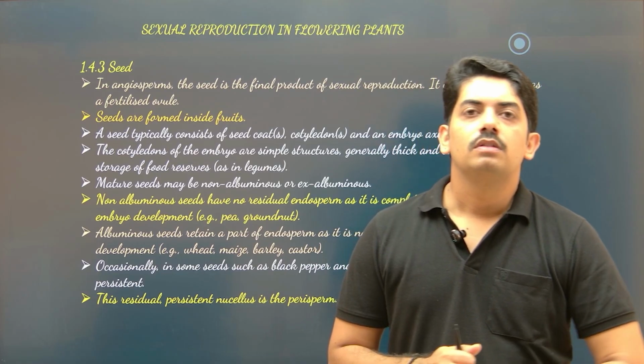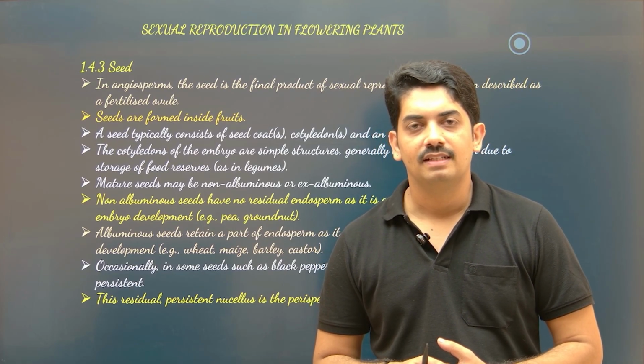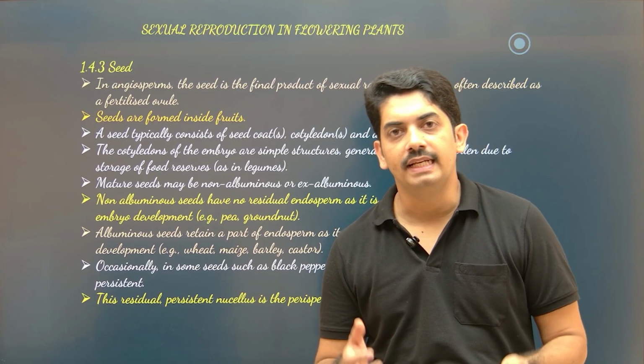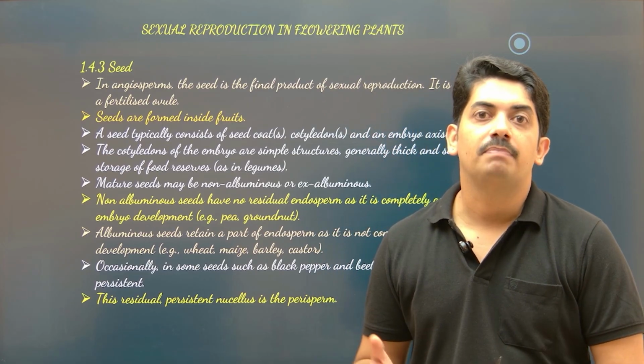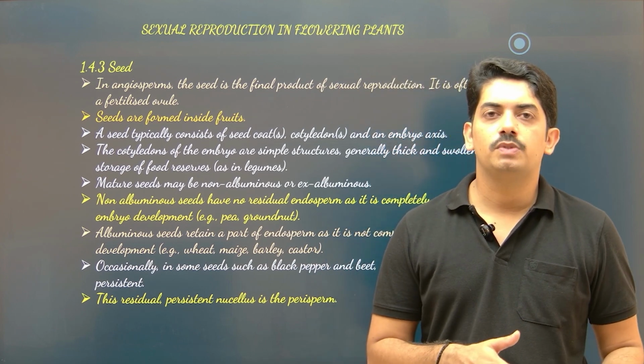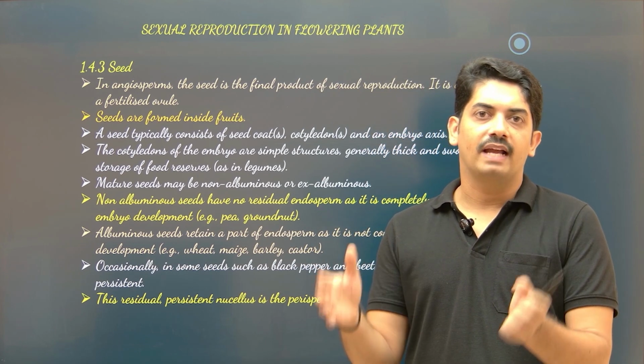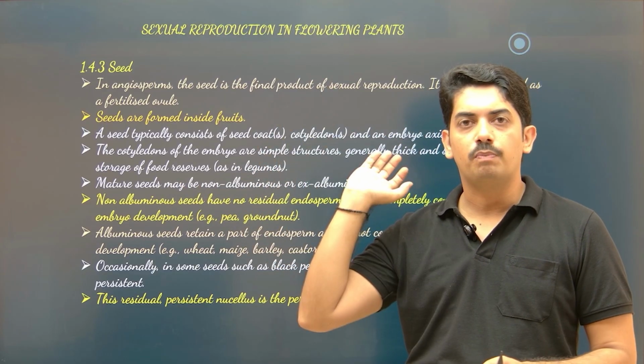Okay. Now, what is the importance of seeds in plants? Because the production of seeds makes sure that the plant can produce the next generation. Because in lower plants, we observed that the body of the plant itself undergoes breakdown by fragmentation and each fragment grows into a new plant.